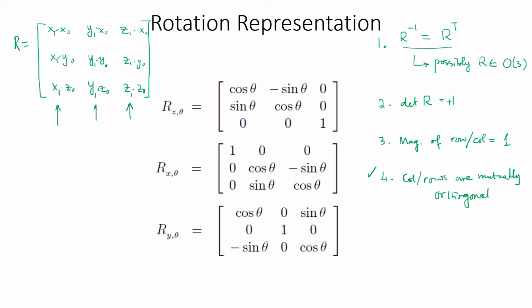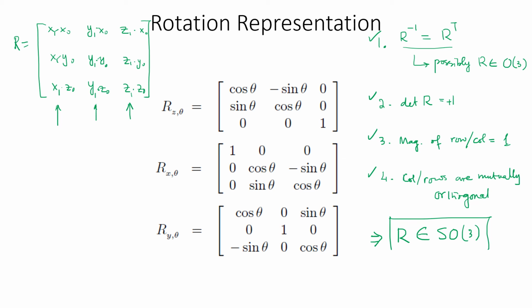So this is taken care of, and this is taken care of, and this determinant turns out to be equal to +1, and rotation inverse turns out to be equal to transpose of a rotation. This ensures that the rotation matrix over here belongs to a special orthogonal group of matrices which are going to be 3 by 3 sized.